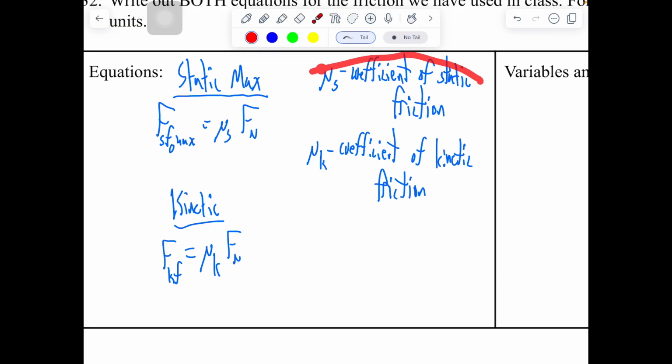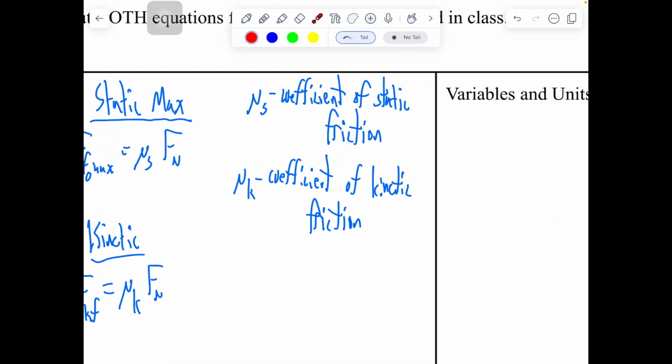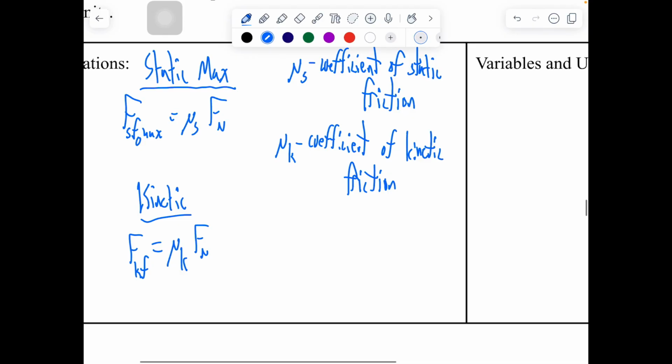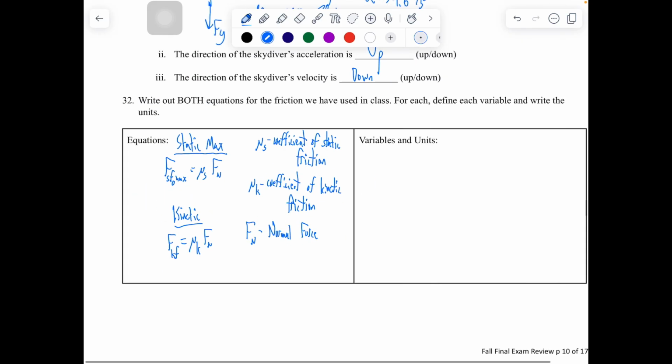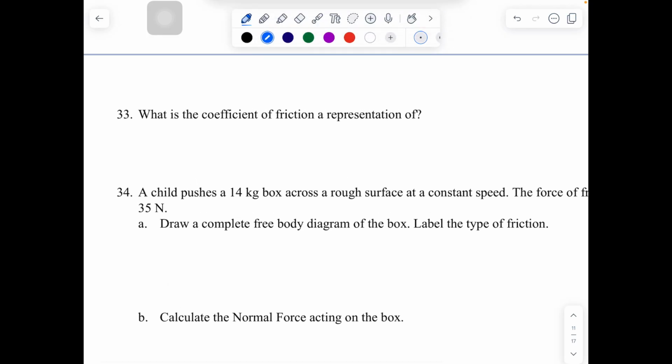Our coefficients, they are both dimensionless. They are not measured in any unit. It is just the coefficient, no units. If you put units on a coefficient of static or kinetic friction, it will be wrong. And then Fn, this is the normal force. Coefficient of friction is a representation of how rough a surface is.